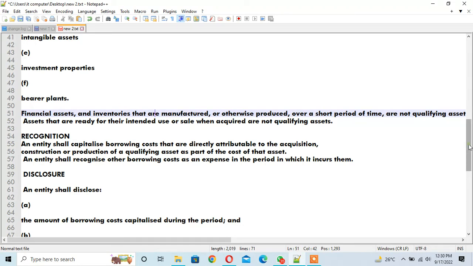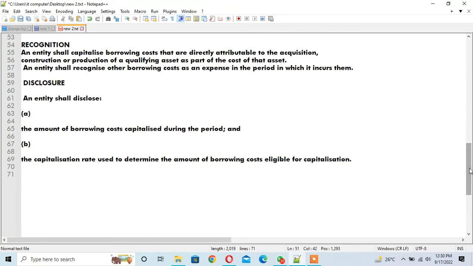How to disclose? For example, we disclose assets, expenses, and incomes in the notes to the accounts. As everybody knows about accounting, the profit and loss account, which is also called the income statement, has numbers 1, 2, 3, 4, 5.